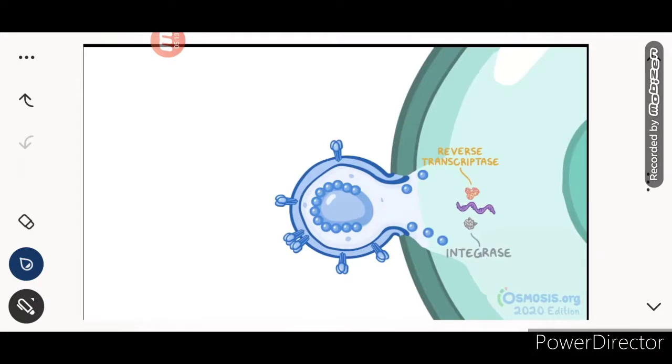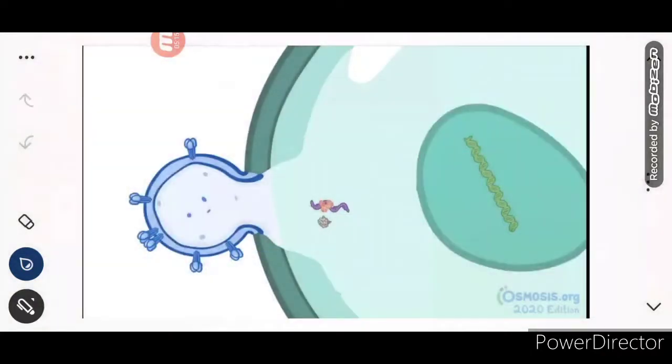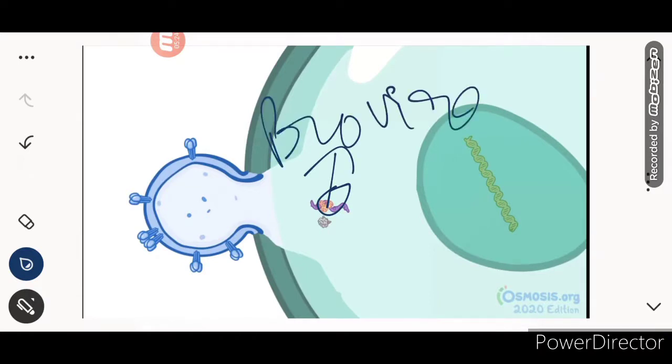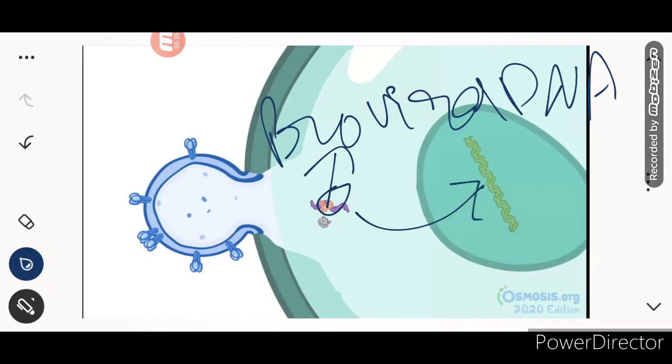So the reverse transcriptase combines and makes a proviral DNA. Okay, so a proviral DNA is made, and once the proviral DNA is made, then it gets attached to the host DNA.